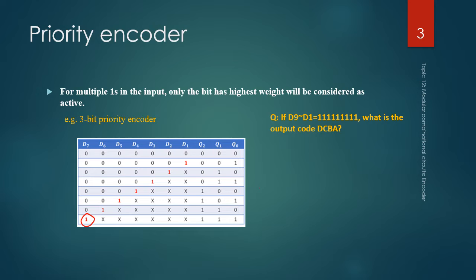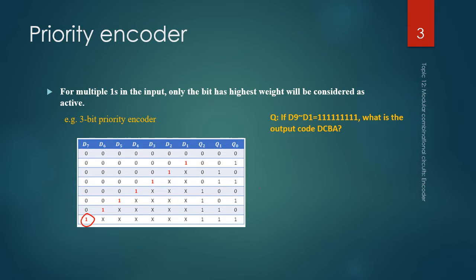Priority here means the logic circuit will first look at the MSB to check if it's active or not. Okay, if it's not active, then the circuit will check the next bit. However, if it is active, then it will ignore the other bits. It doesn't matter what the other bits are, it always generates the code for the highest bit.